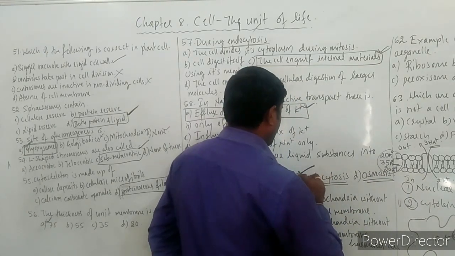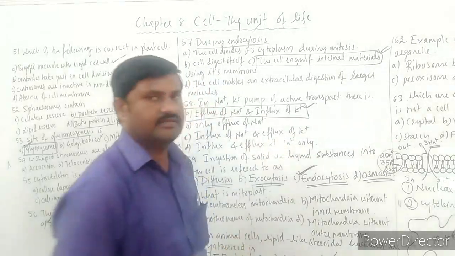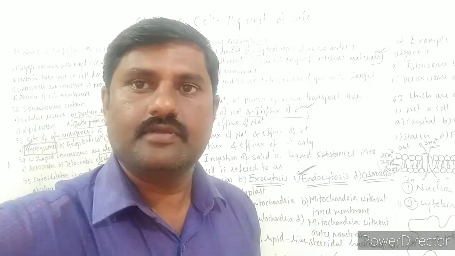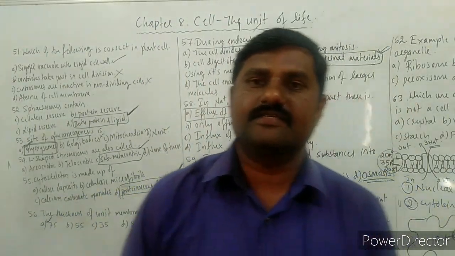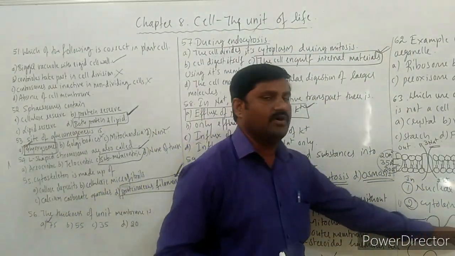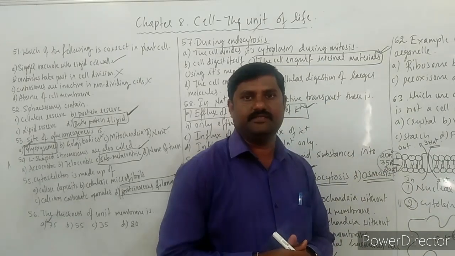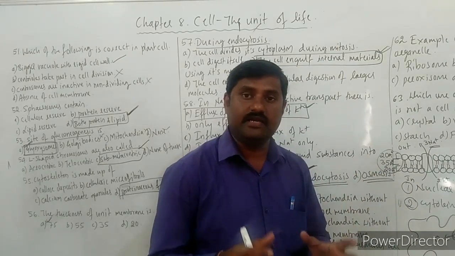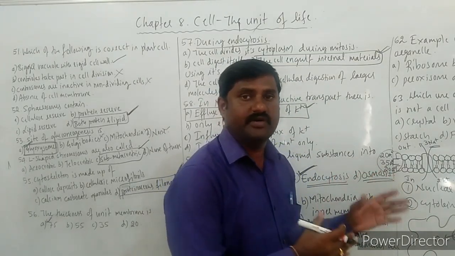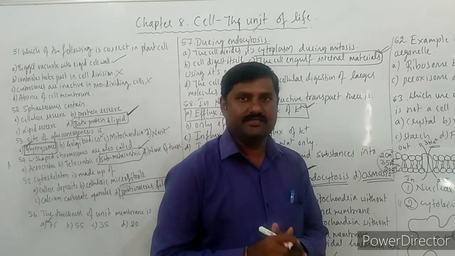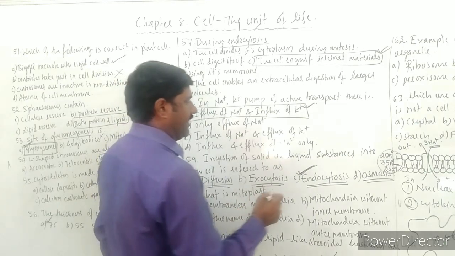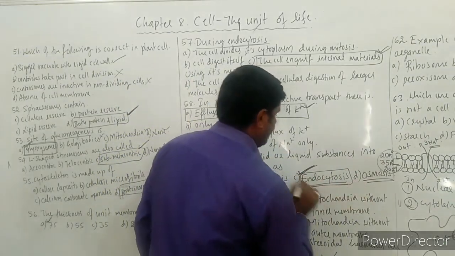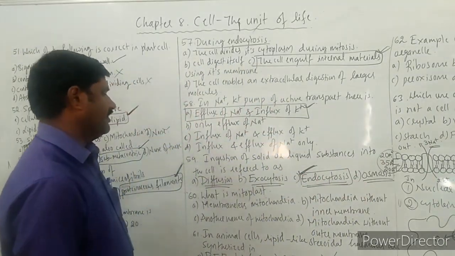Actually it is called endocytosis. Here, just the intake of the solid or liquid material takes place, and intracellular digestion of that material takes place. So this is called endocytosis. That's why the correct answer for this question is endocytosis.